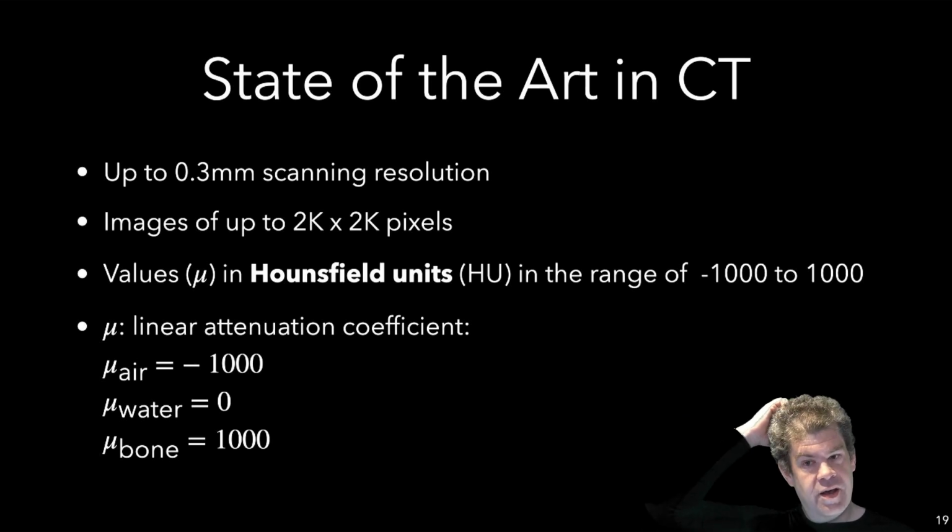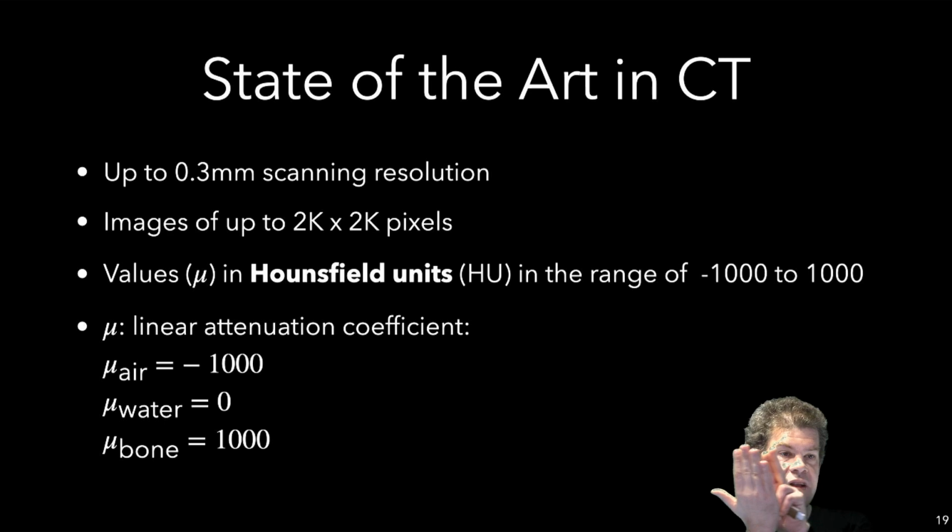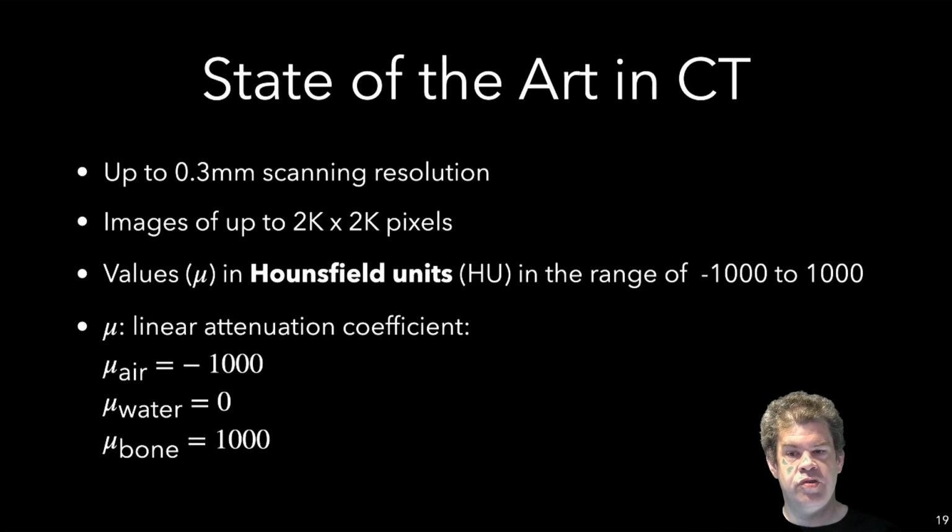But nonetheless, let's say the state of the art that you could encounter in a hospital these days has relatively thin layers. So this layer that I said is this kind of slit that you shoot can be relatively thin. So it's sub-millimeter, significantly sub-millimeter.